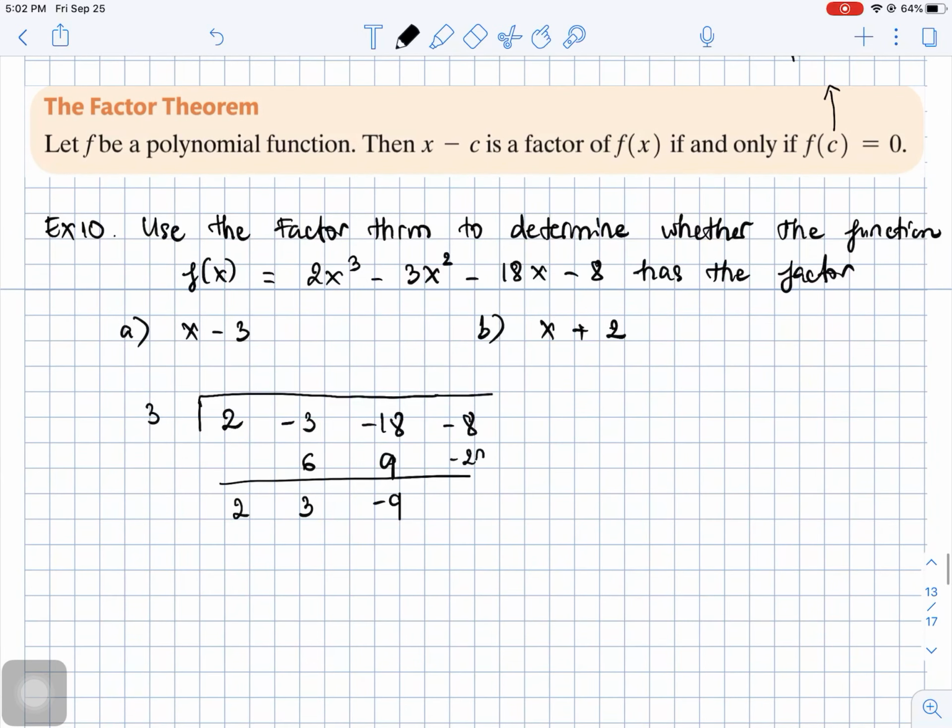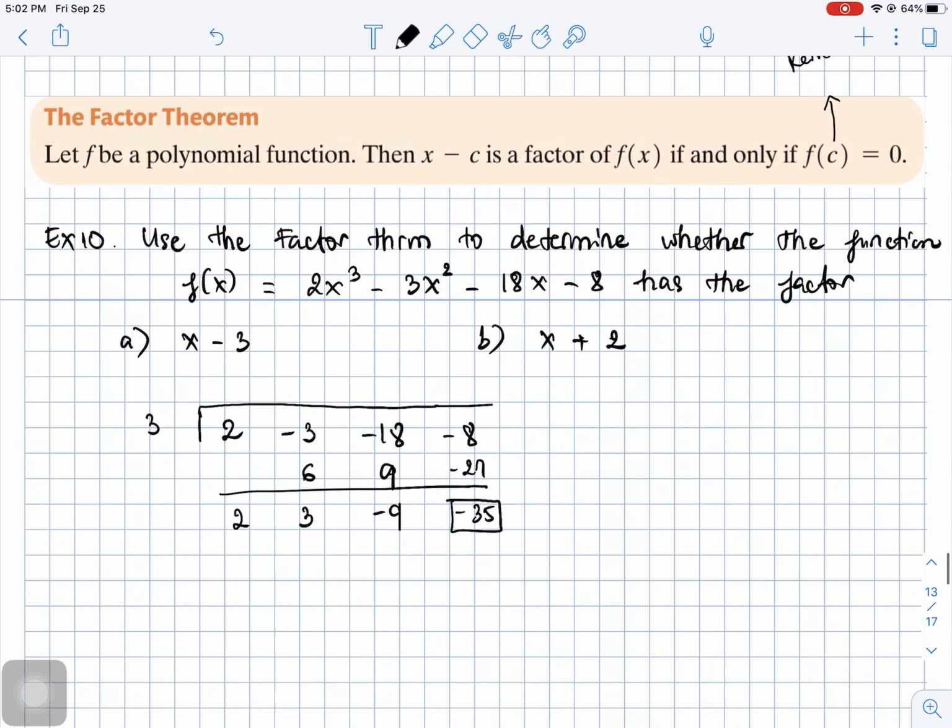Add and we get negative 9. And 3 times negative 9 is negative 27. The remainder is not 0. So if the remainder is not 0, then we conclude that x minus c, in this case x minus 3, is not a factor of f of x.